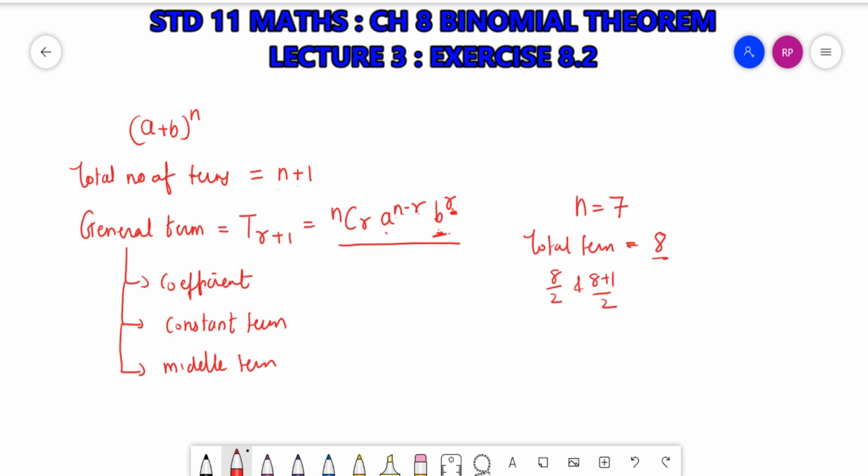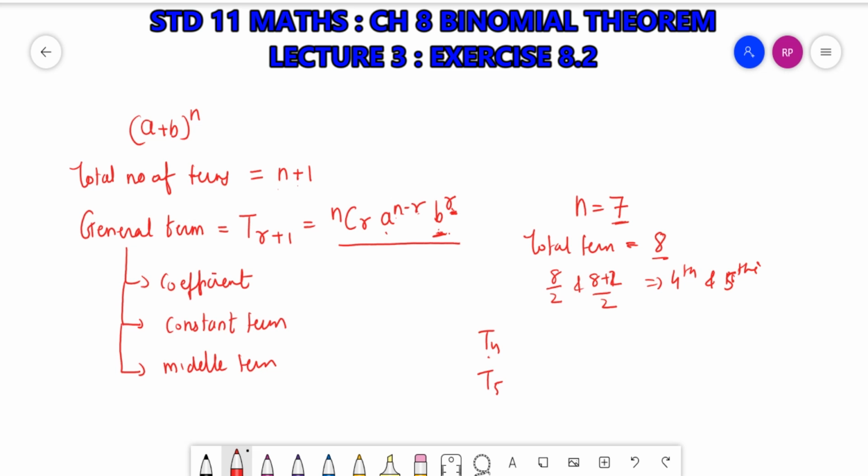So remember, whenever n is odd, you will have two middle terms. So that will be the fourth term and the fifth term. I need to find out T4 and T5.